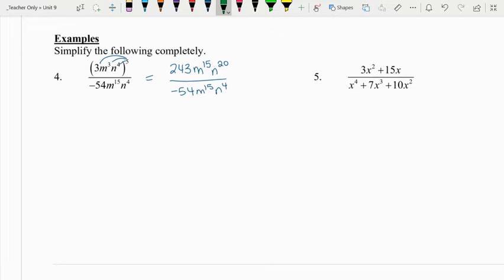243 and 54. You can divide these by a pretty big number. And it might be just like a trial and error thing to you. And you could just keep reducing as you go. But essentially, if you start going, you might have more to do later. So you want to try to find the greatest common factor. And the greatest common factor between these two ends up being 27.